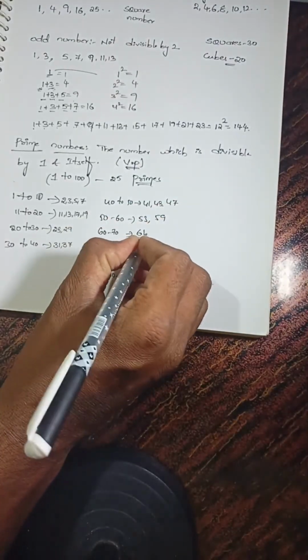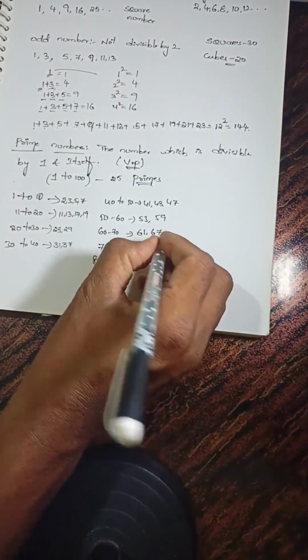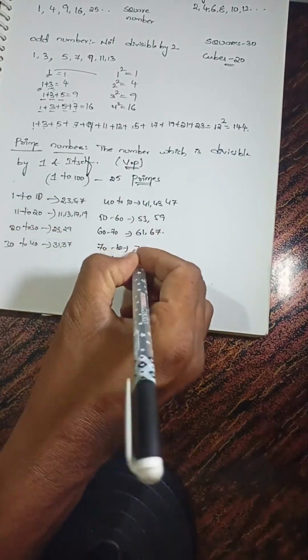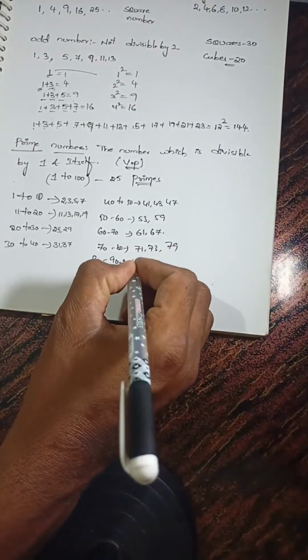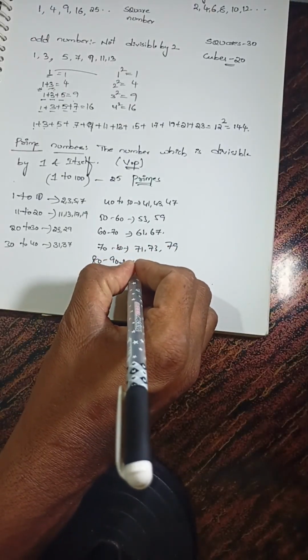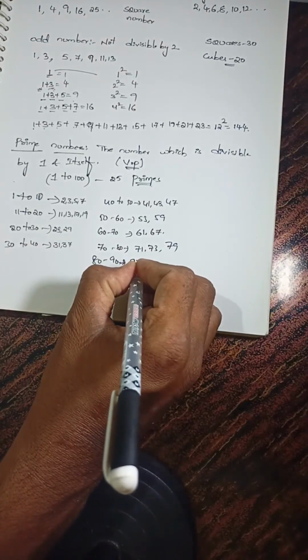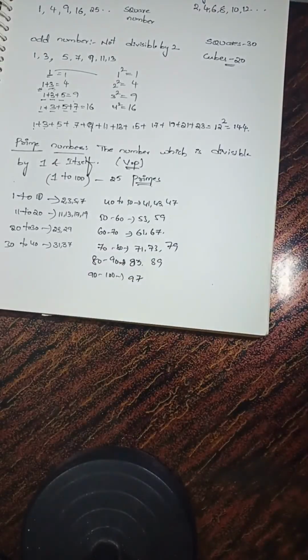Here 61, 67. Next, here 71, 73, 79. From 80 to 90: 83, 89. The last one is 97. These are the prime numbers.